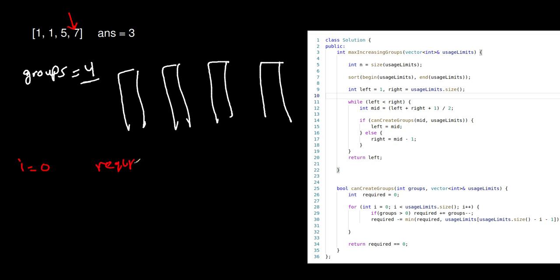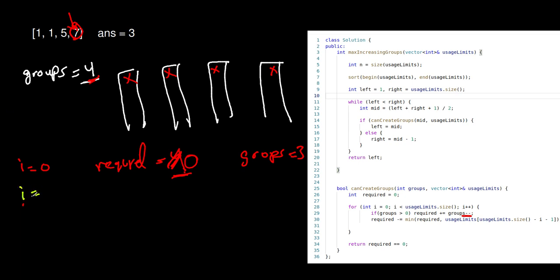Required equal 4, and the groups minus minus, 4 minus 1 is 3. For this iteration we need 4 elements and the value is 7, the minimum, so we need only 4 elements. We take from this 7 only 4, and the requirement now is 0.